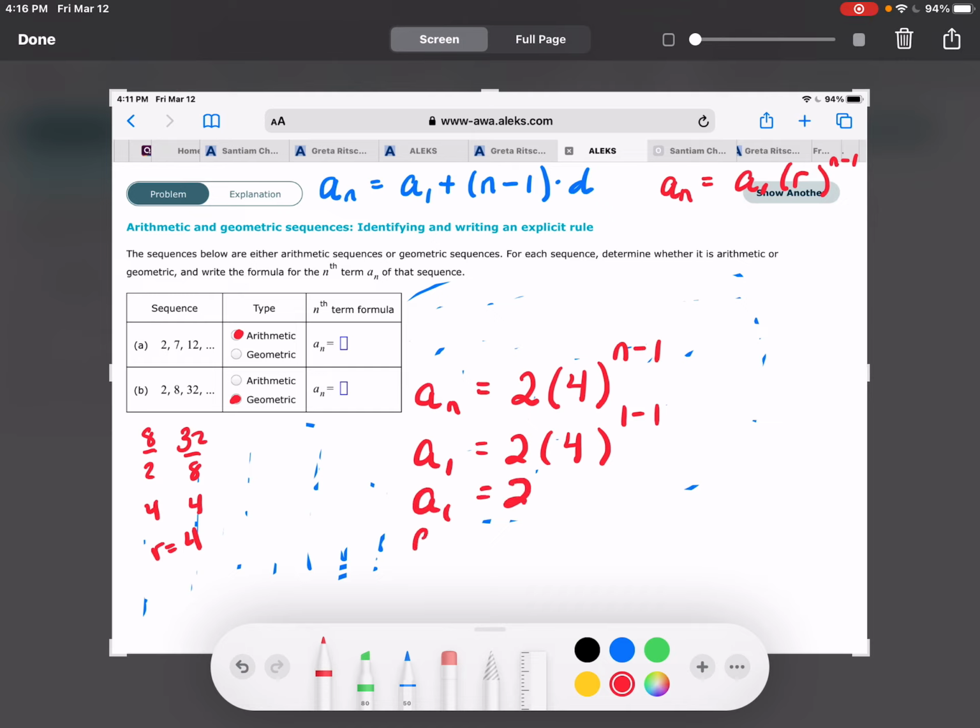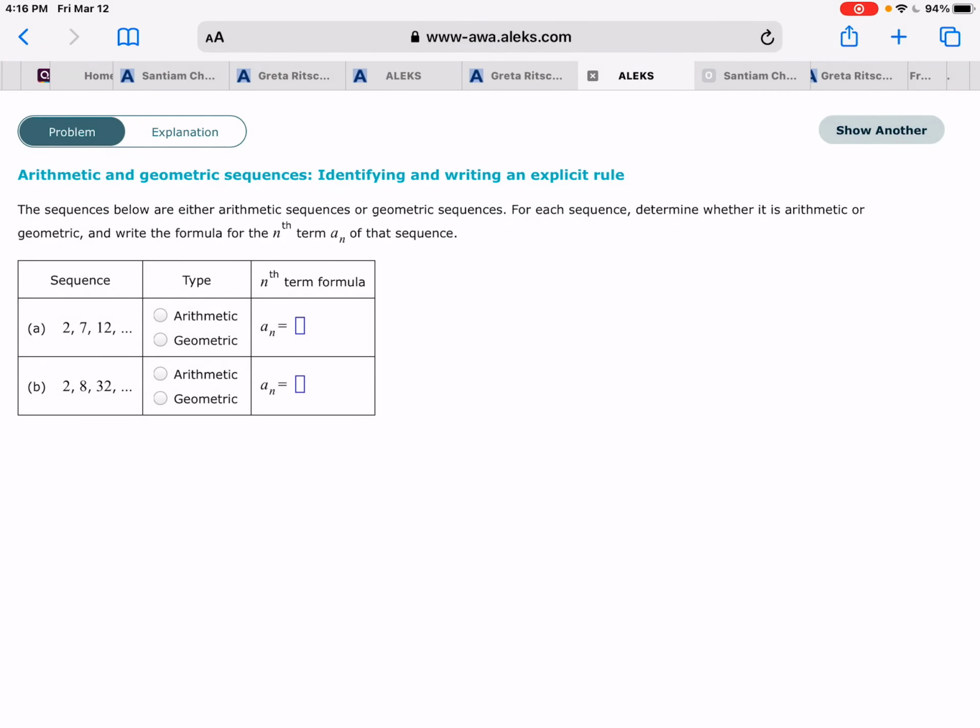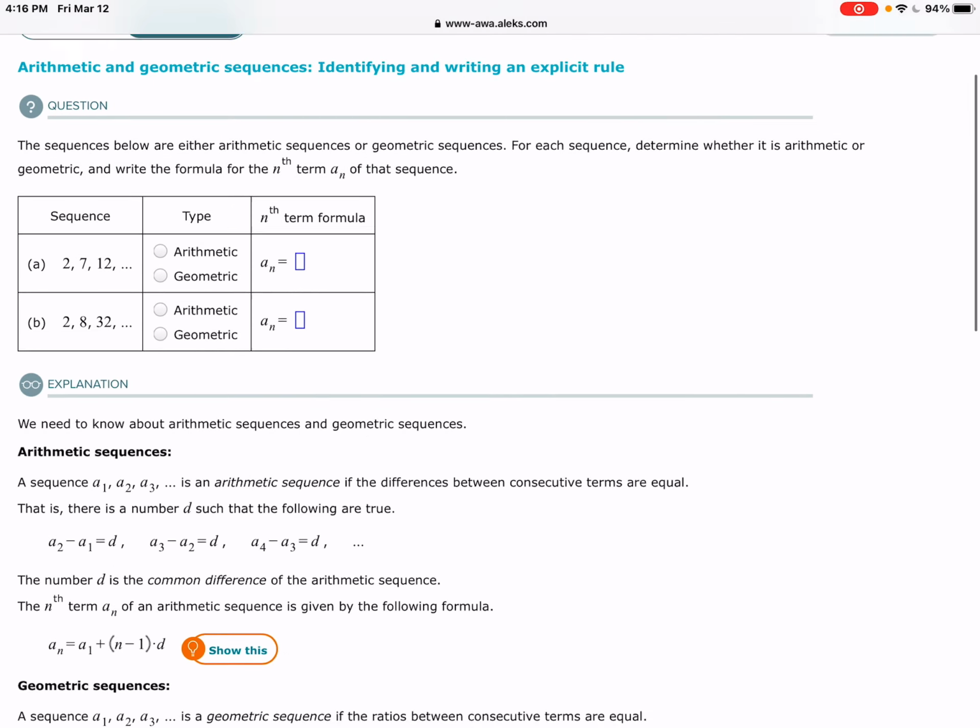So that's awesome. How about the second term? Does it work for the second term? 2 times 4 to the 2 minus 1. 2 minus 1 is 1. 4 to the 1 is 4. And 4 times 2 is 8. And the second term is 8. So awesome. Let's go here and I can show you how they write that.